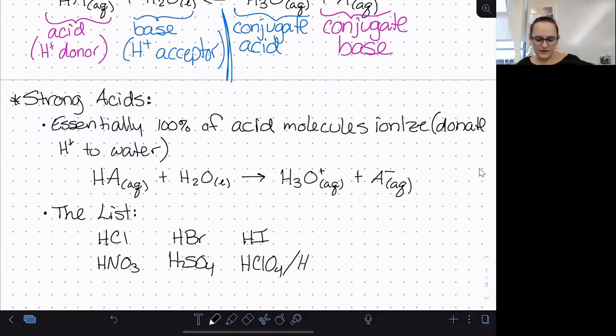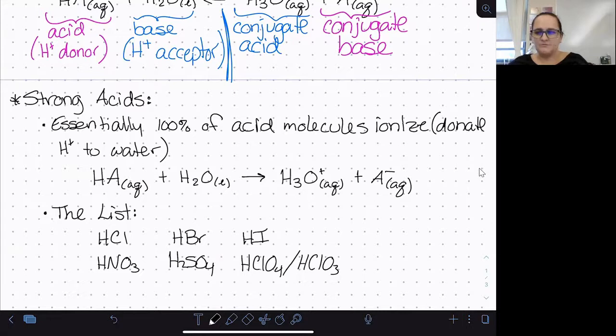Sometimes you will also see HClO3 added to this list. Sometimes you will see HClO3 instead of HClO4. So it doesn't show up too much. Those acids are not super commonly used for a lot of things. Generally speaking, if you need a strong acid, there's a cheaper choice.